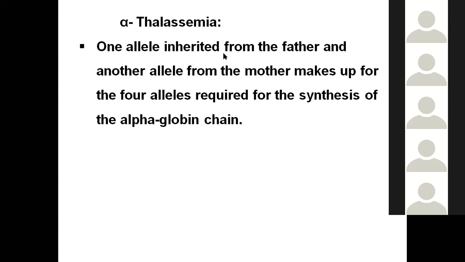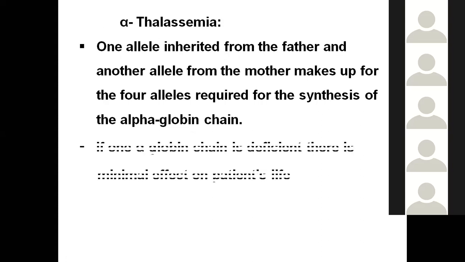One allele inherited from the father and another allele from the mother makes up the 4 alleles required for the synthesis of alpha globin chain. 2 alpha, ठीक है, अब 2 alpha, लेकिन उसके alleles 4 हो जाते हैं. Now, if one is inherited from the father and the other from the mother, it will make up the 4 alleles that are required for the normal synthesis of the alpha globin chain.